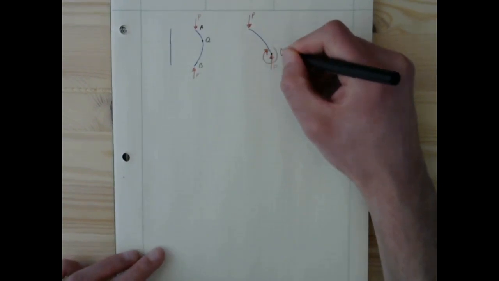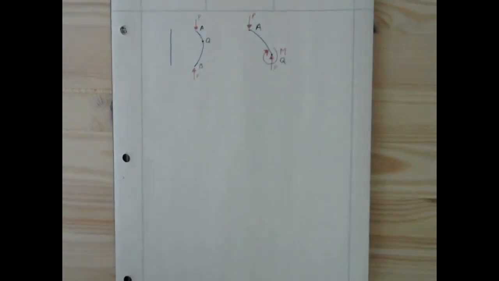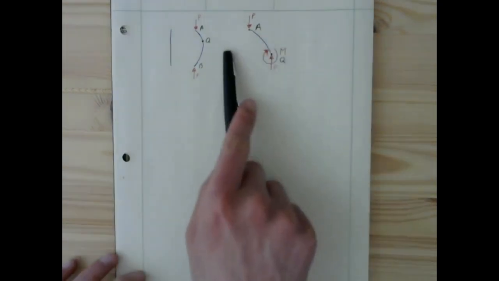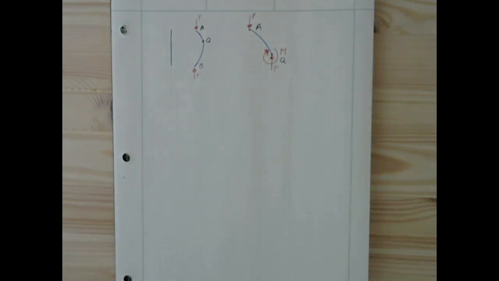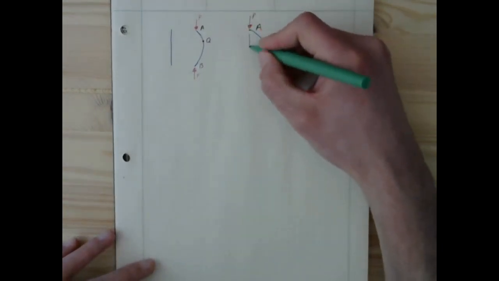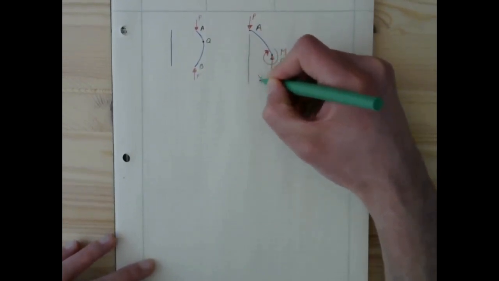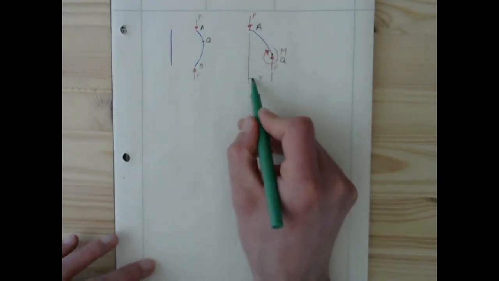So this is point Q, and that's point A. Alright, so we've got this shape. We know what the moment is based on the fact that we know what P is, or rather we're going to deal with it as P. And then we've also got our deflection, which we're calling Y.